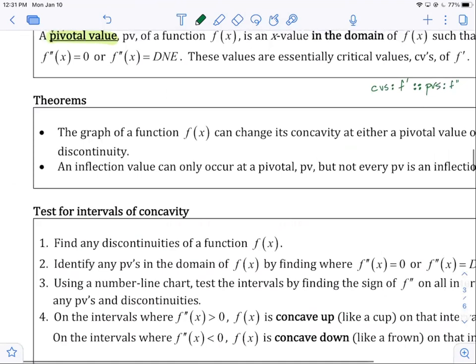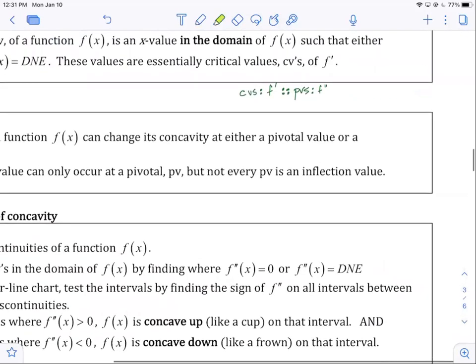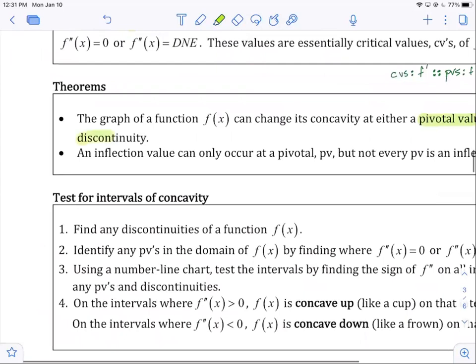So here's two theorems. Theorems are mathematical laws. We have to obey them. The graph of a function can change its concavity either at a pivotal value or at a discontinuity. Boy, that's just like the previous theorem that said a graph can only change from increasing to decreasing or vice versa at a critical value or a discontinuity.